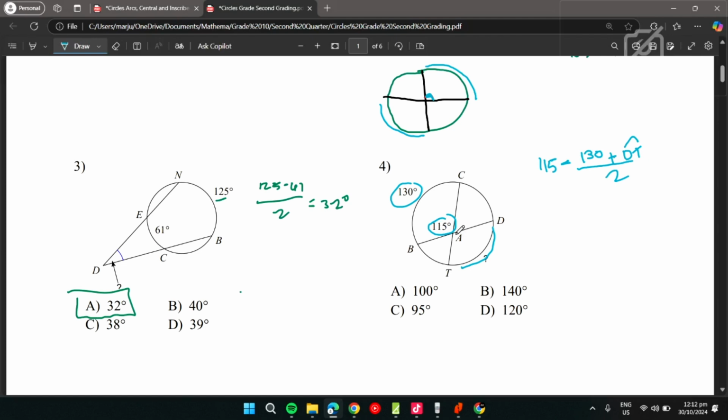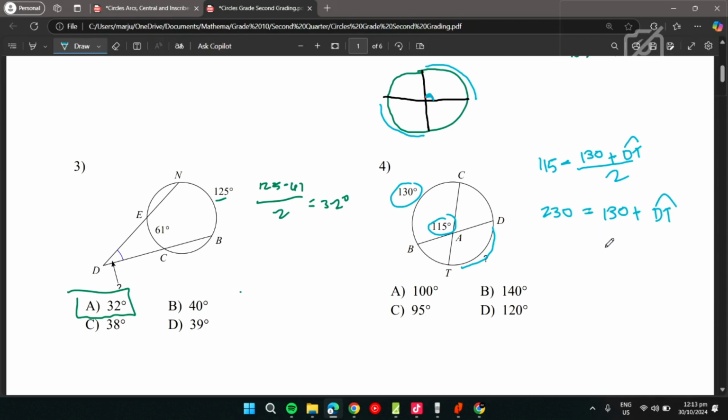Angle A is 115. Why? Because that is a vertical angle. Congruent yan sila. By definition of vertical angles, they are congruent. So, anong mangyayari? This is 115. This is 230 equals 130 plus arc DT.